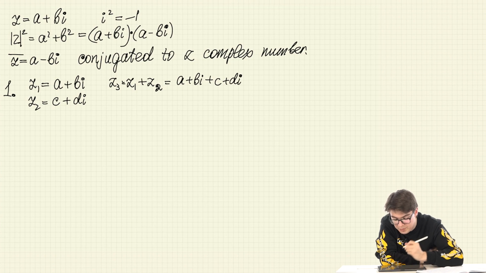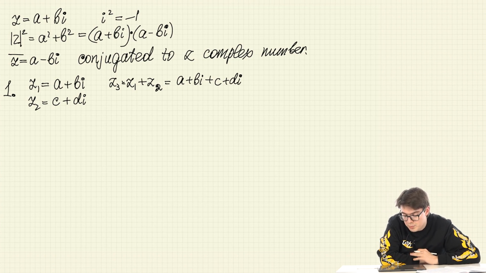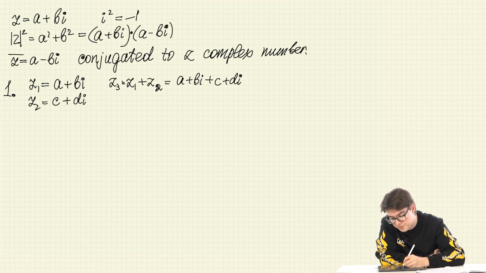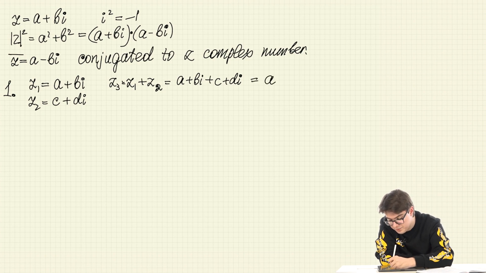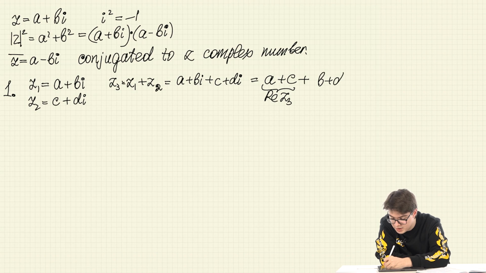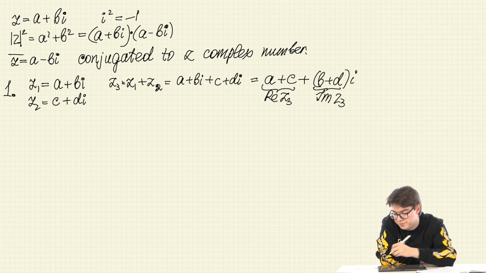And remember, I said that we operate over complex numbers in such a way that they have two parameters and we use them independently. So the real part of this sum is a plus c, yeah? And the imaginary part of z3 is b plus d.